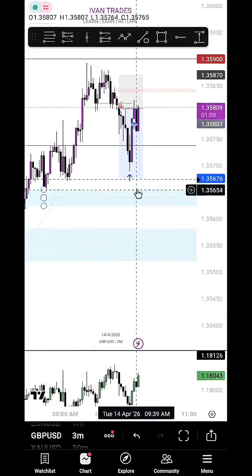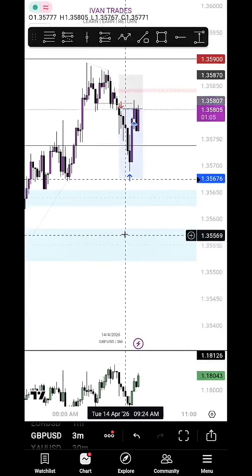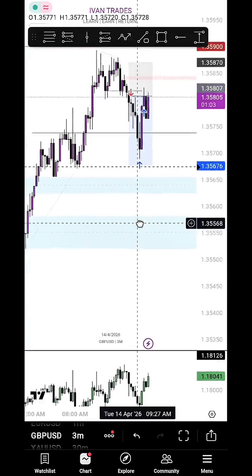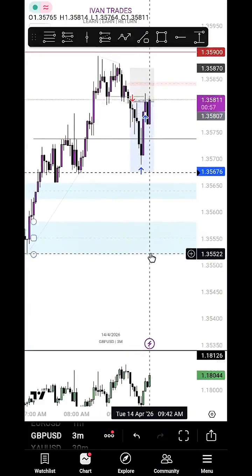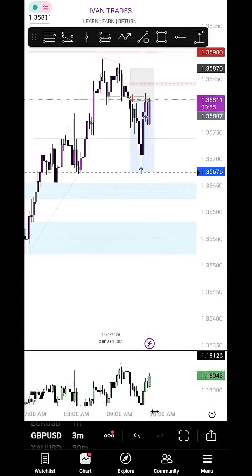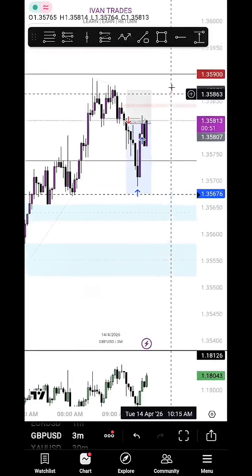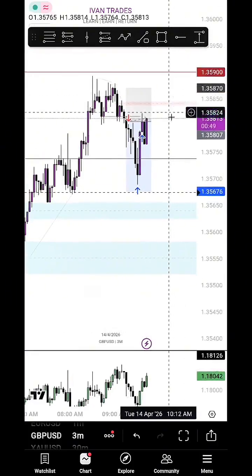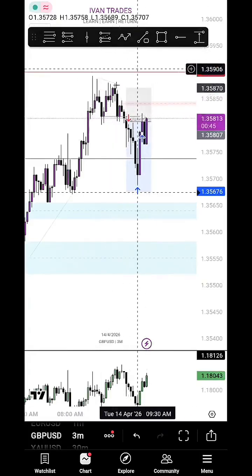So having been stopped out like this, I wouldn't be trying to look for short setups anymore because price has already reached the equilibrium, and I know very well that I was trading against the high time frame trend, so I wouldn't be trying to look for any more short setups.